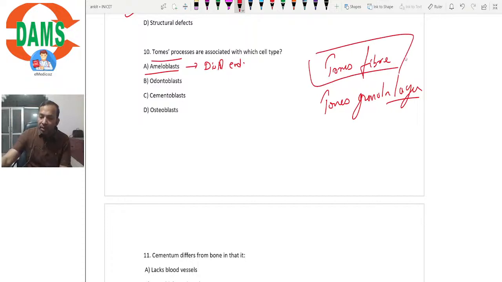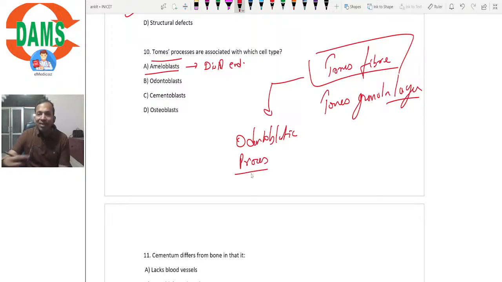Tome's fiber is nothing but the odontoblastic process and is present on the odontoblasts. It extends into the dentinal tubule sometimes, isn't it?